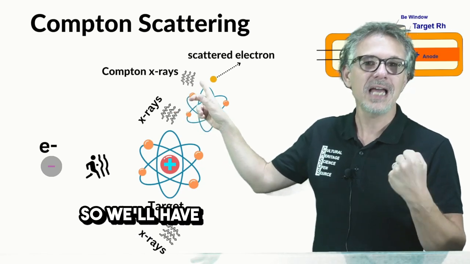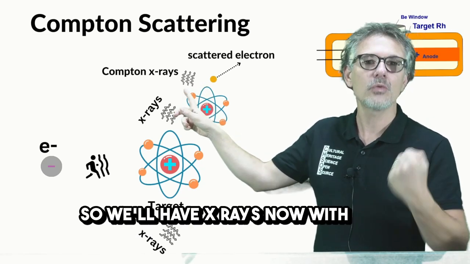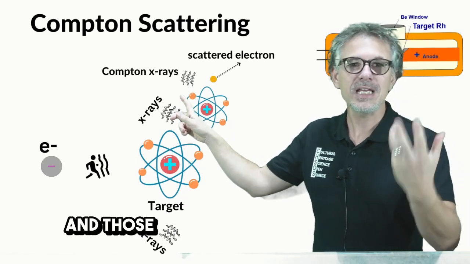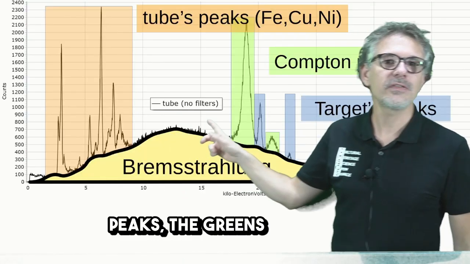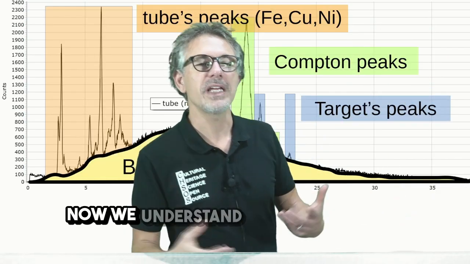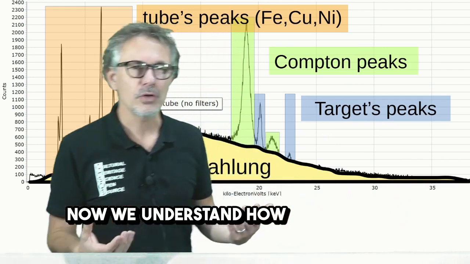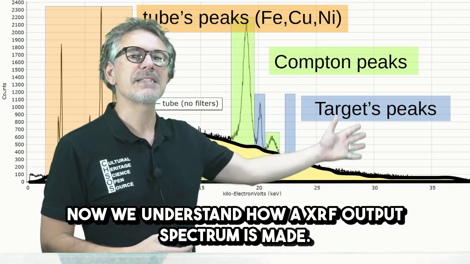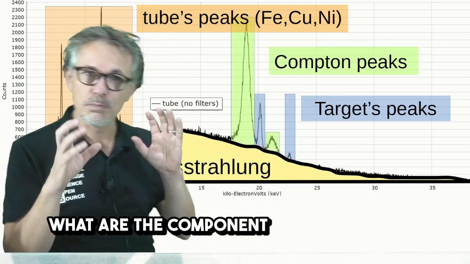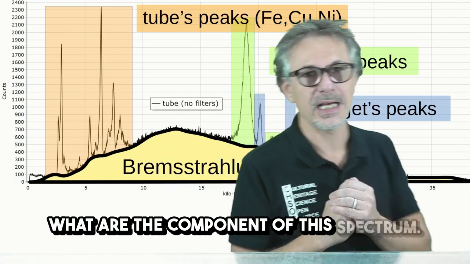So we'll have X-rays now with less energy, and those are the Compton peaks, the greens over here. Now we understand how an XRF output spectrum is made, what the components of this spectrum are.